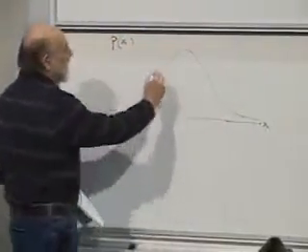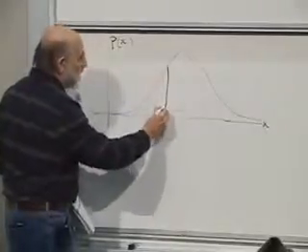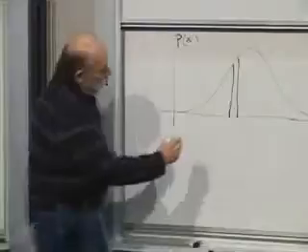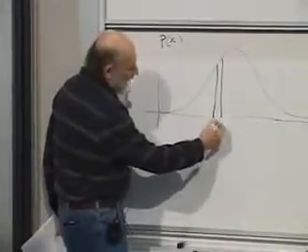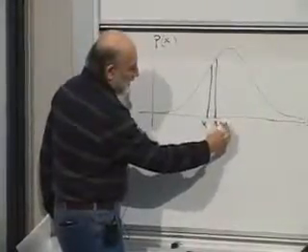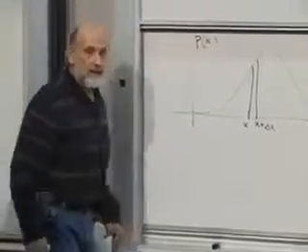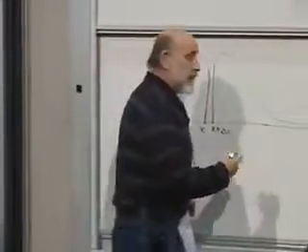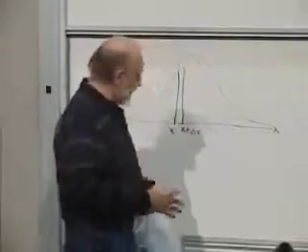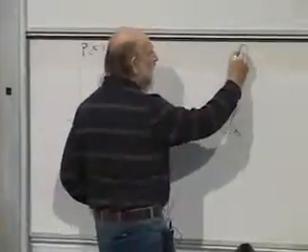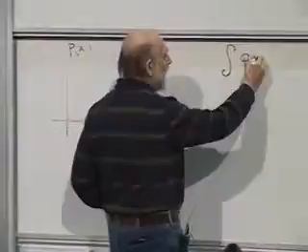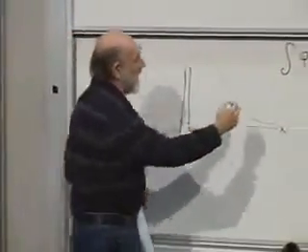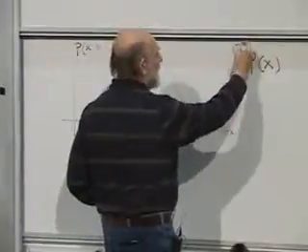We ask what's the probability that we would find it on some interval between x and x plus delta x, let's say, an interval of width delta x. We define the probability density so that the probability itself is given by the integral of the probability density over the interval from x to x plus delta x.